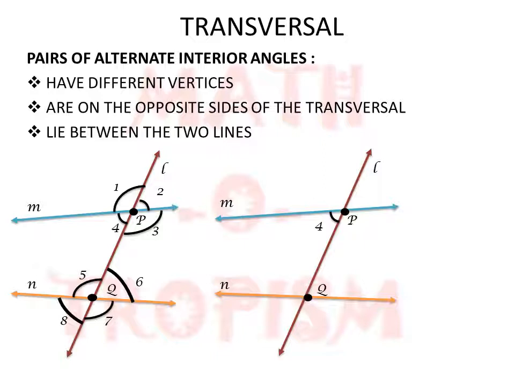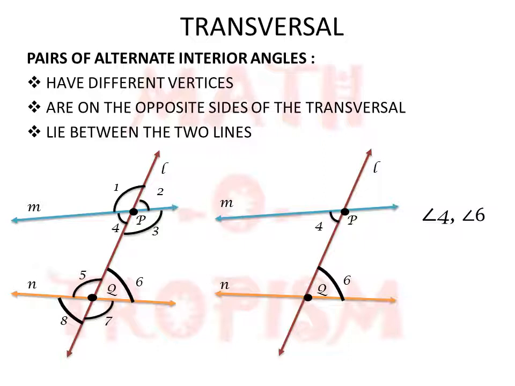Now alternate to that means on the other side and below on the line N. So what is on the right side of the transversal and in the interior of the line N? That is the angle 6. So 4 and 6 are the alternate interior angles.